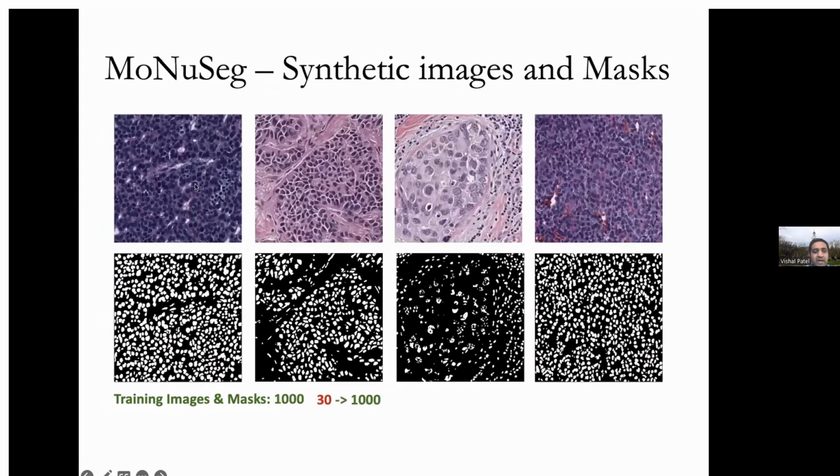And if you look very closely, they also capture the segmentations, right? The regions which need to be segmented are captured very well. In some cases, the segmentation masks are not as good, but in many other cases, they're very good. And from 30 images, we can now generate thousands and thousands of such images. So we've enlarged the set from 30 to 1,000.